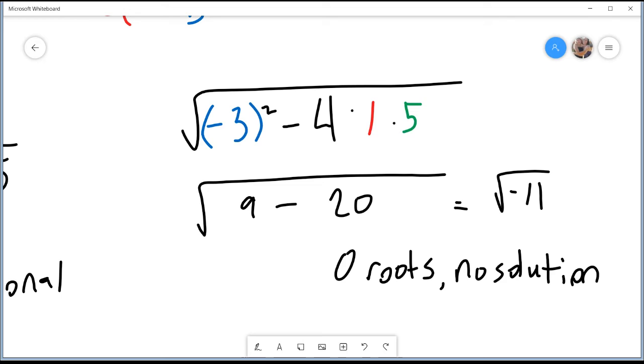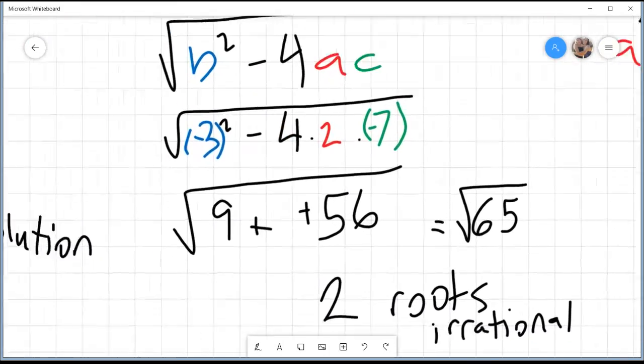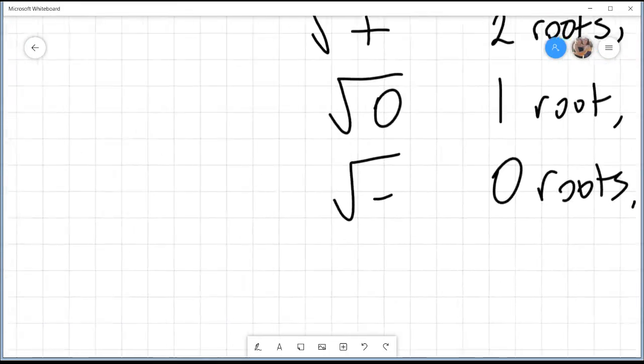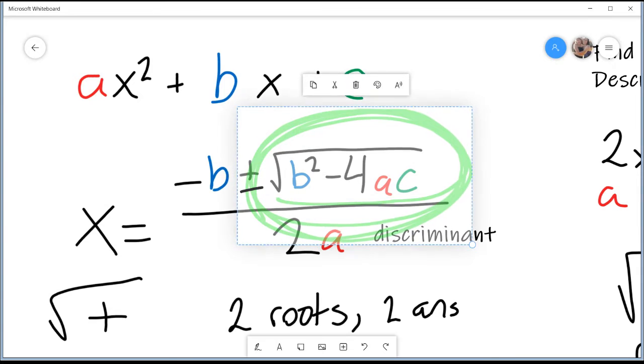That's extremely helpful because if we know immediately that we have no solution, we won't have to go through the entire quadratic formula. This is where we're going to start on lesson 10.7, so if you're only looking at 10.6, you can stop now. 10.7 is using the entire quadratic formula in order to solve quadratic equations.